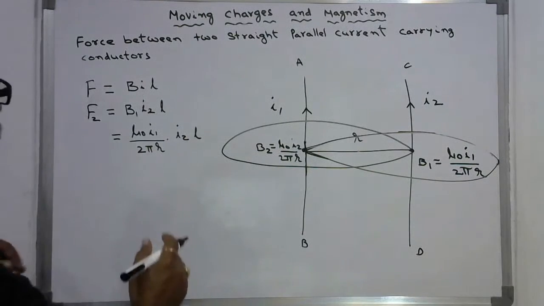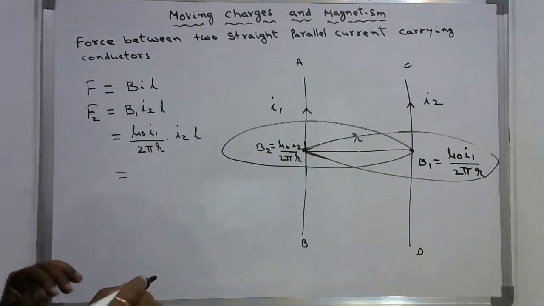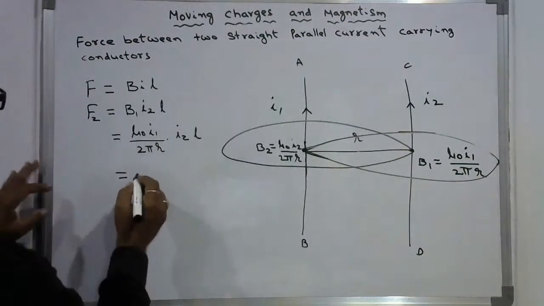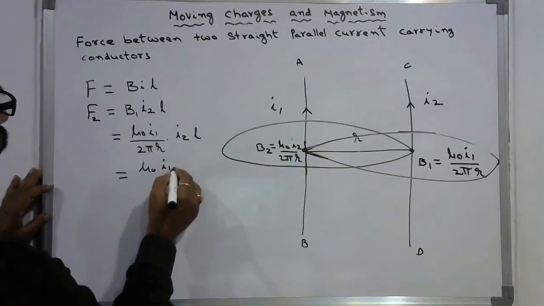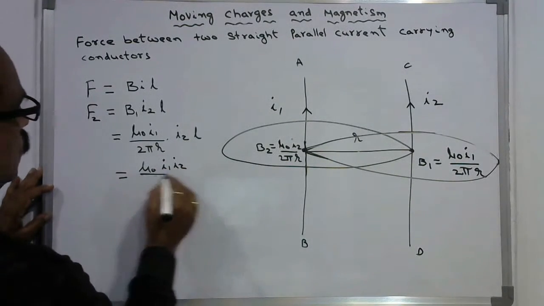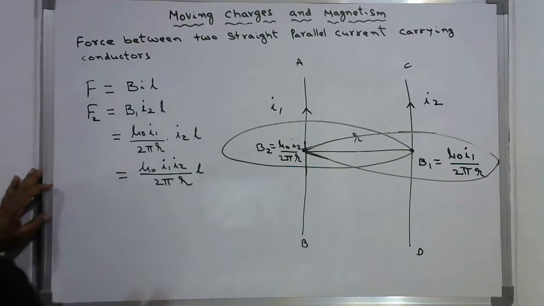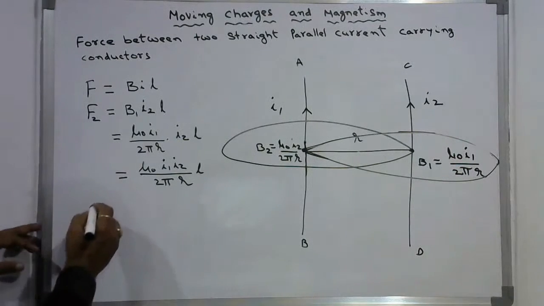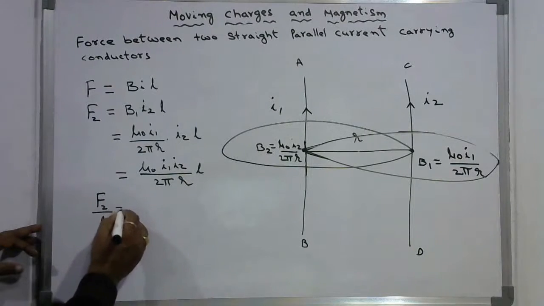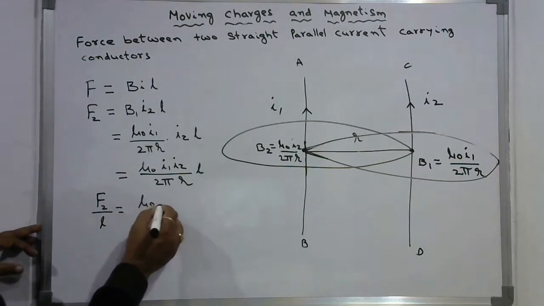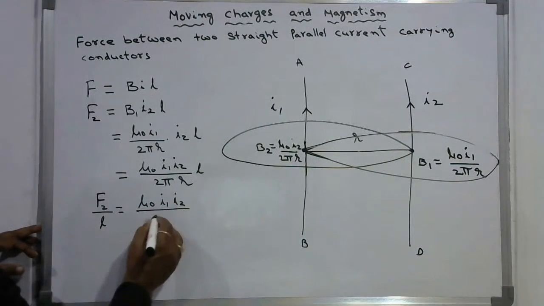So similarly, you can write down the force on this conductor as mu naught I1 I2 by 2 pi r into L. So force per unit length is equal to mu naught I1 I2 by 2 pi r.